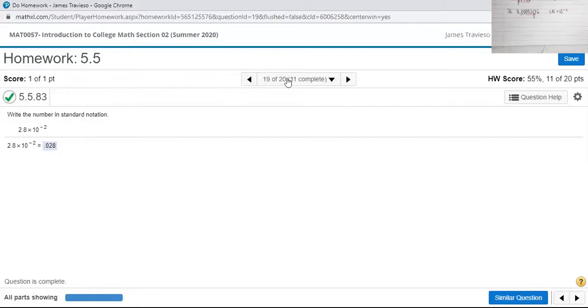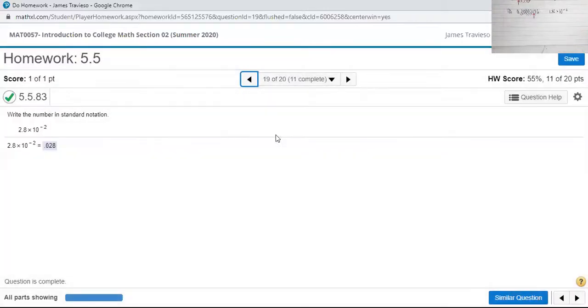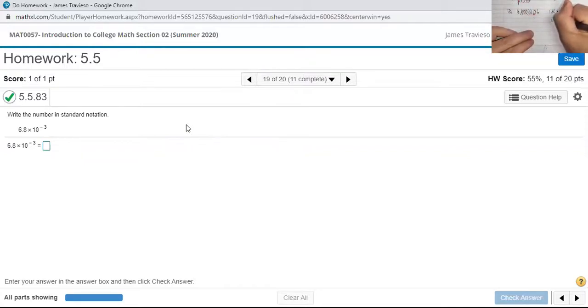And let's look at, we'll do an example just from, we're going to get a similar question to number 19. All right, so 6.8 times 10 to the negative 3rd.